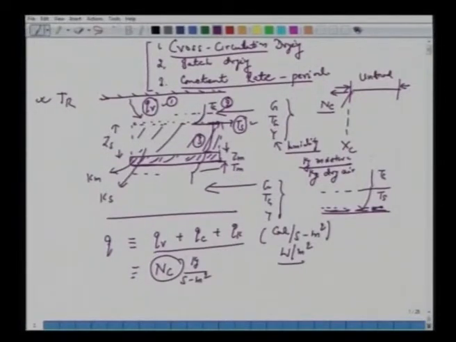This is the NC we were talking about, that we are in this region which is the constant rate period, and the rate of evaporation or the rate of drying is NC. So NC, kg per second per meter square, multiplied by lambda S, where lambda is your heat of vaporization, in joule per kg. Of course, this has to be specified at a temperature Ts, which is unknown to us.